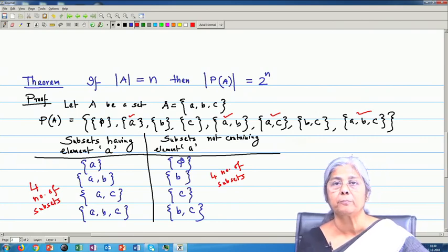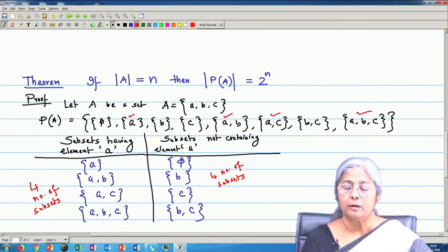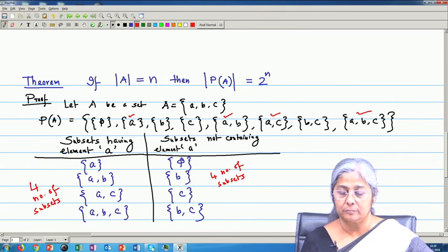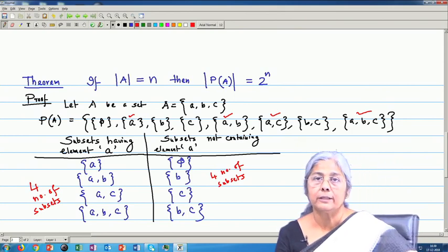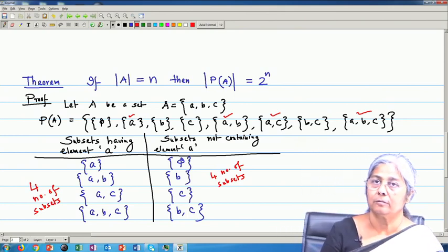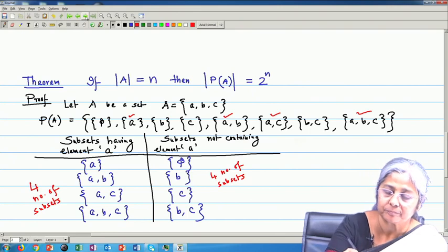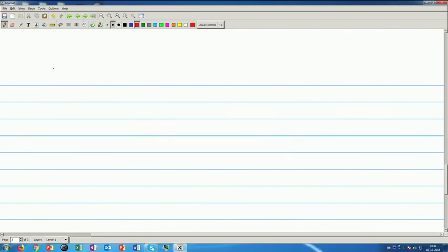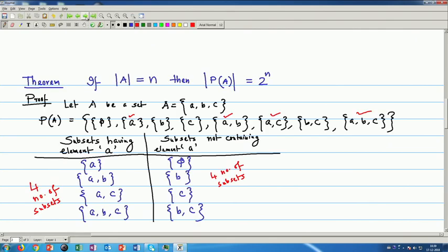We will use this property to prove the theorem. Now, we will give the proof by induction.